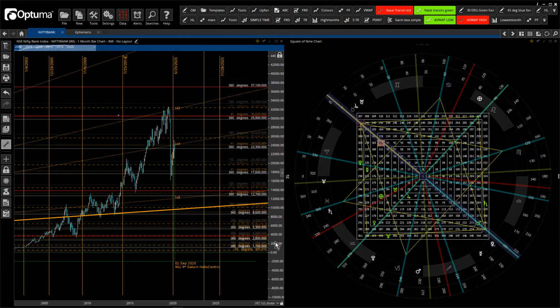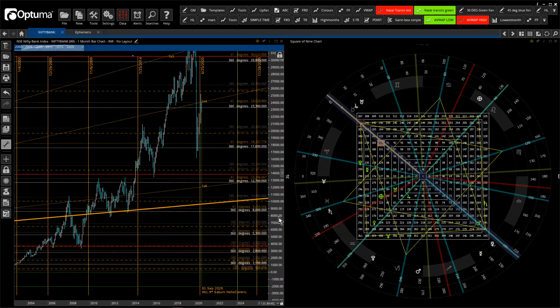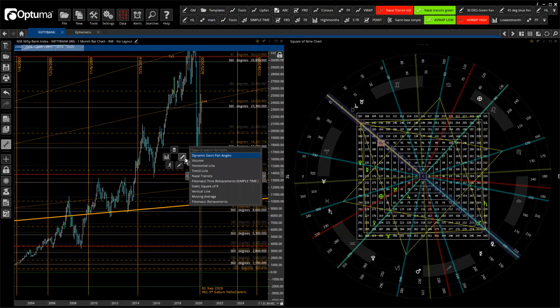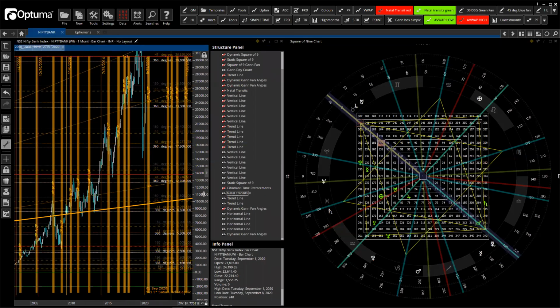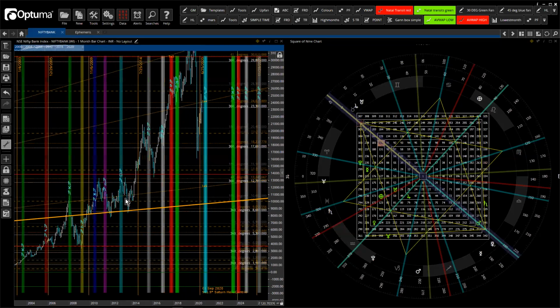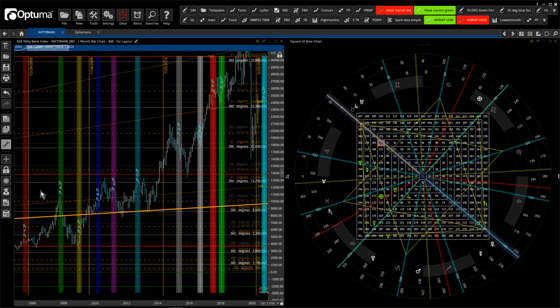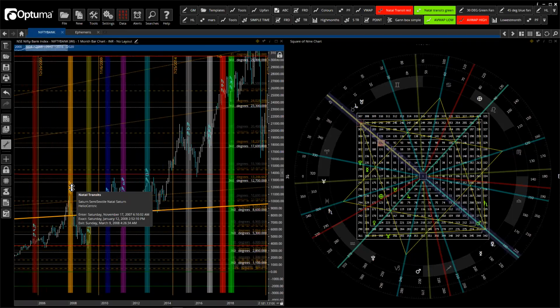Okay. And so now you're getting a couple more levels that you can use. And if you were to look here on days when certain things like the natal conjunction occurs, let's take a look here now. Let's take a look at our natal transits that we had laid before. These are the positions of heliocentric Saturn being related to angles and being shown to us as a vertical line.